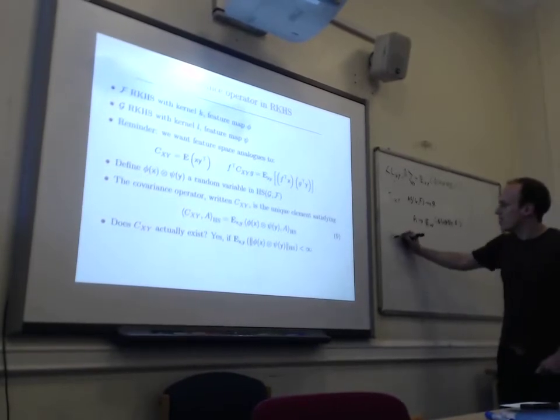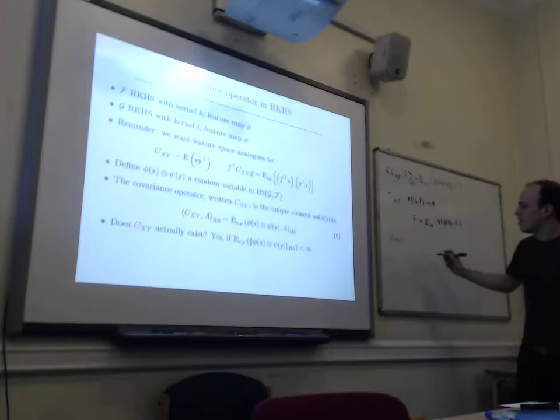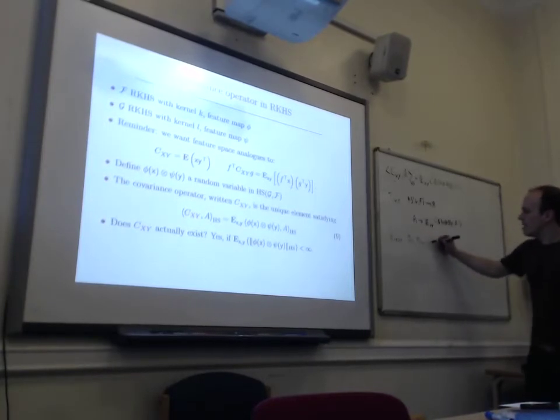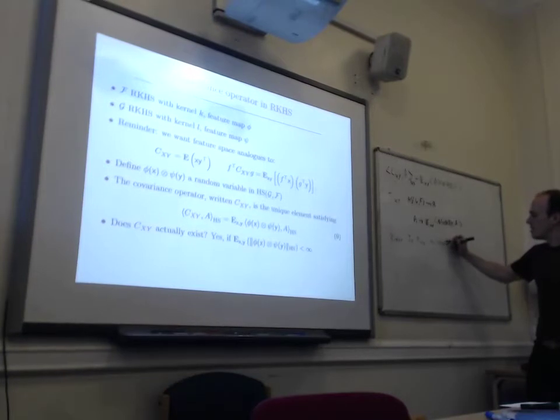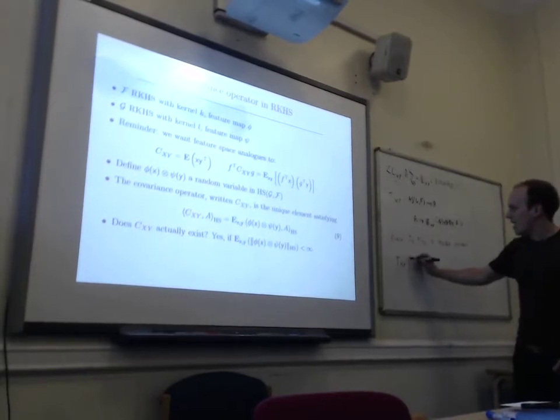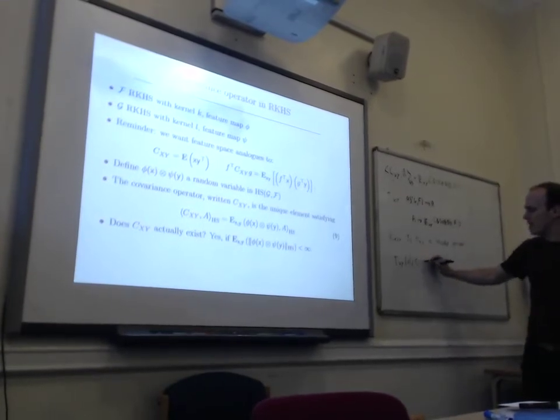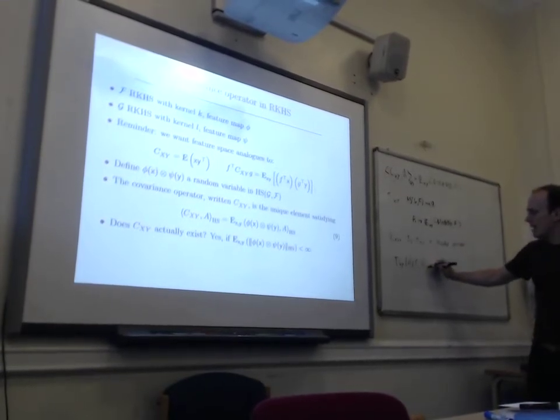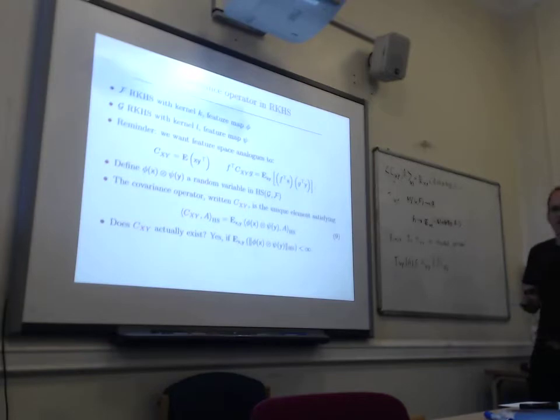So basically, is T_xy a bounded operator? What does that mean? That means that T_xy acting on the operator A should be less than or equal to some lambda times the norm of A in the Hilbert space.